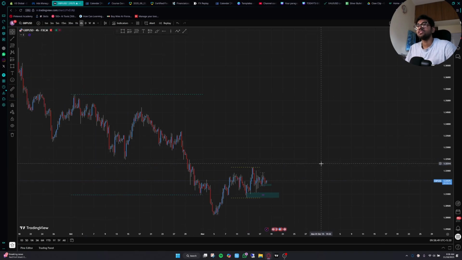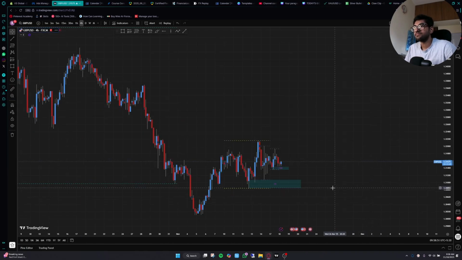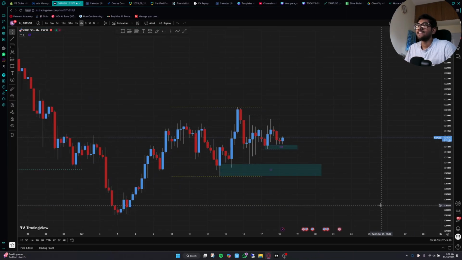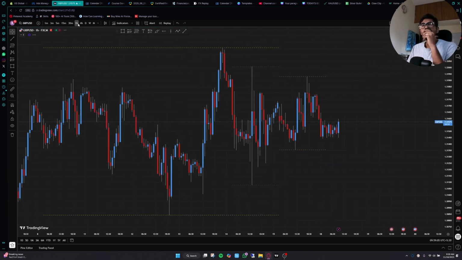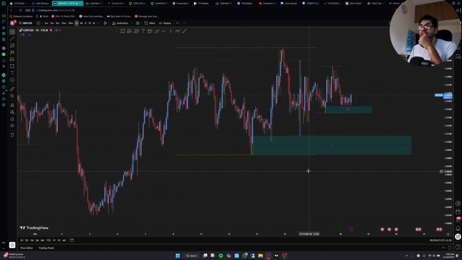So coming on to the 4 hours, everything seems to be mitigated. Even these points of interest, you can see this seems to be mitigated, this seems to be mitigated, everything seems to be mitigated.